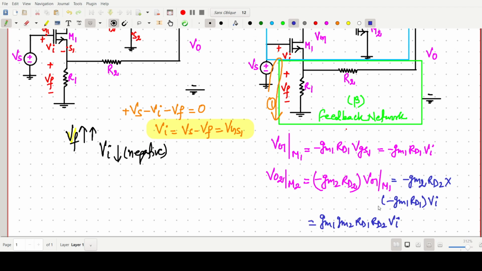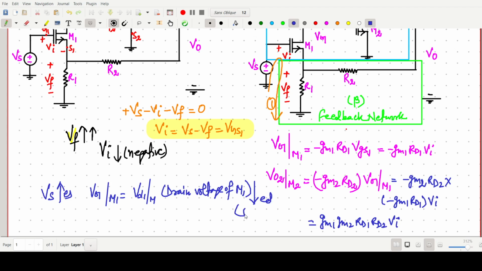Here we observe that as Vs increases, V naught 1, the drain voltage of the M1 transistor, will decrease, because of the negative sign as VGS increases.